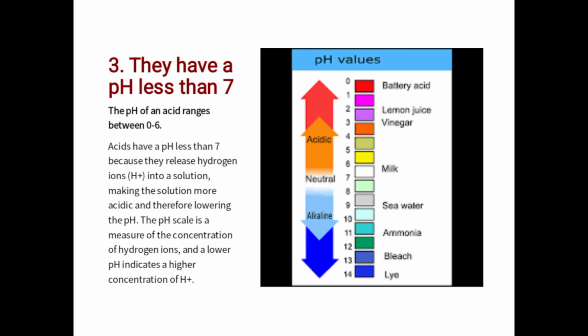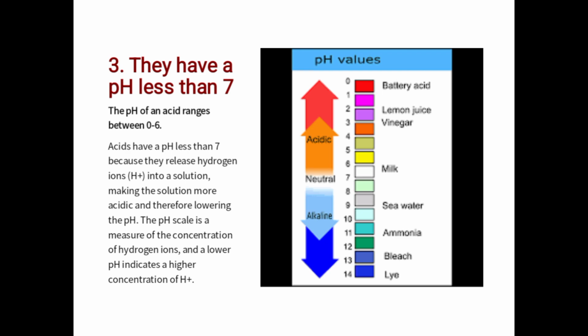Examples of those substances are battery acids, the acids found inside a battery, for instance, your car battery. And then of course we have even lemon juice and vinegar. Between 4 and 5 you have moderately acidic, and between 5 and 6 you have weakly acidic as well. So all substances with a pH of 0 to 6 are usually acidic in nature.